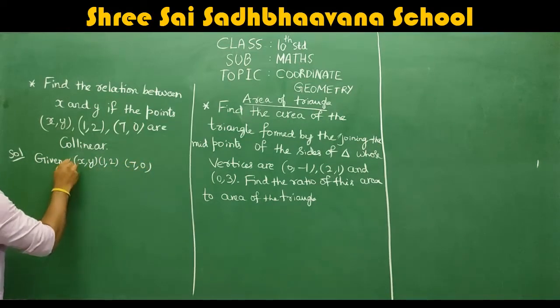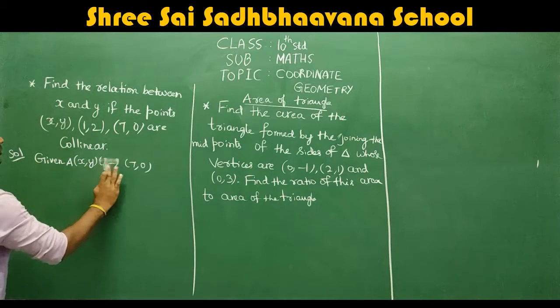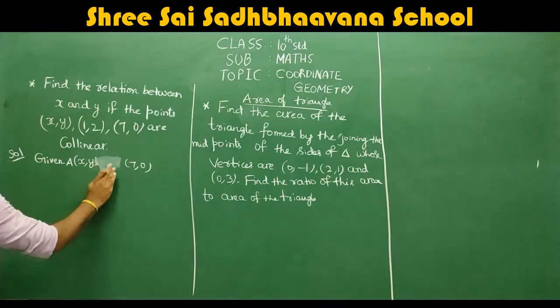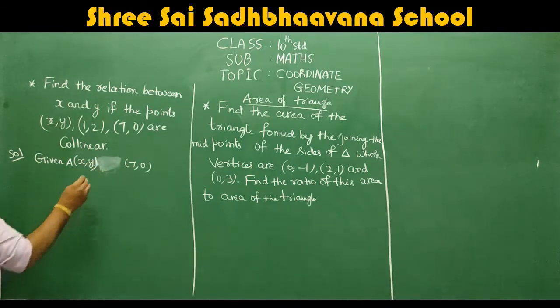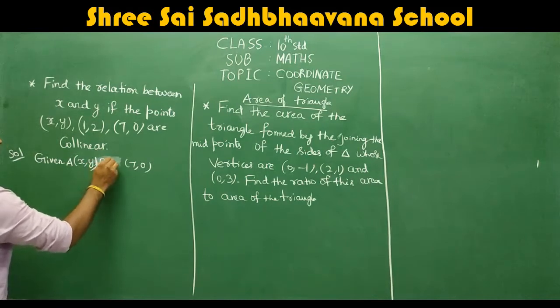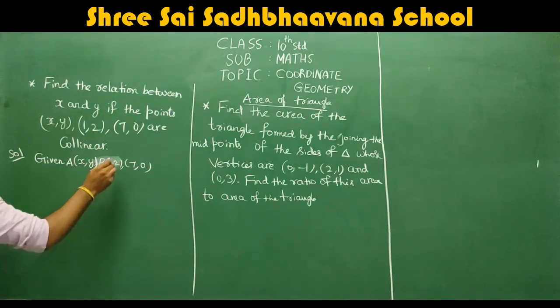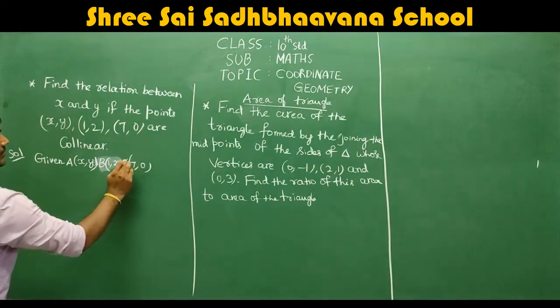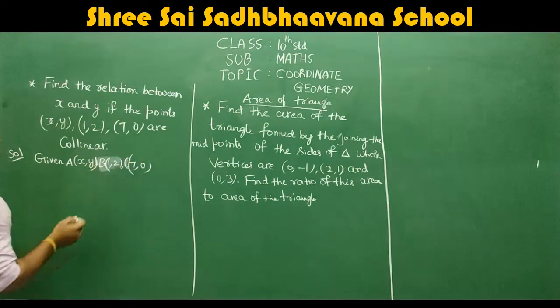You can take them as A, B, C also, left to you. So we have taken A as x comma y, B as 1 comma 2 and C as 7 comma 0.